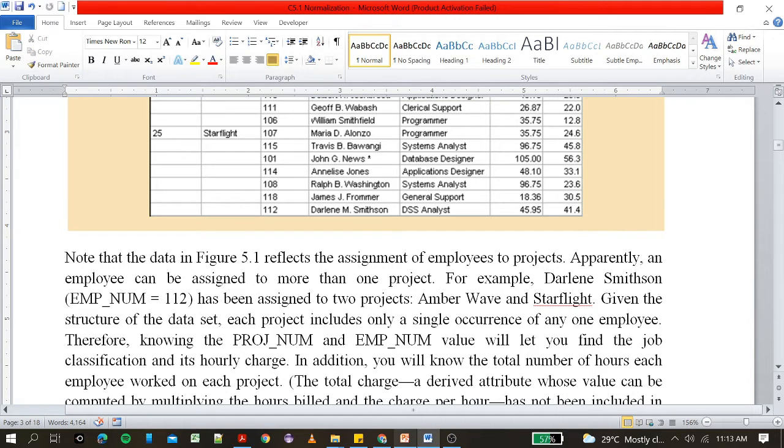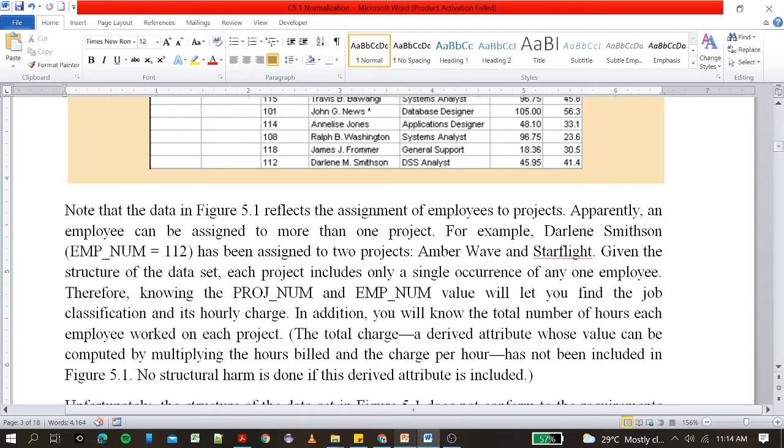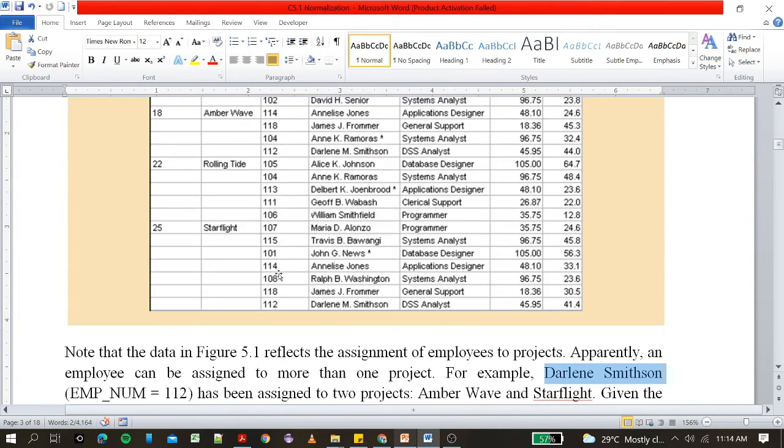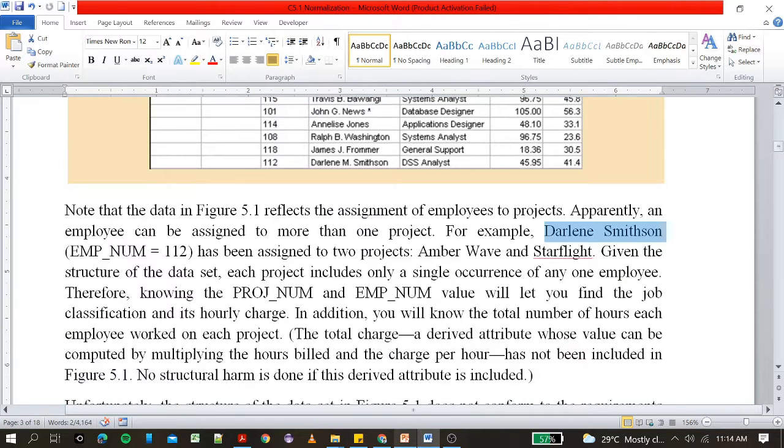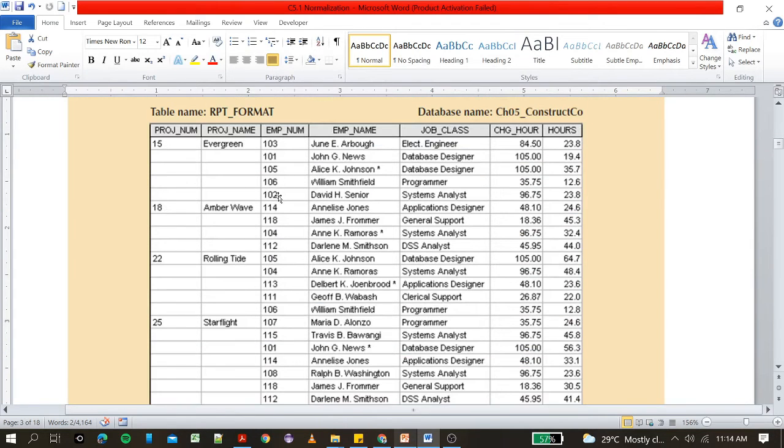Okay. So, andito yung discussion. Note that the data in Figure 5.1 reflects the assignment of employees to projects. Apparently, an employee can be assigned to more than one project. So, yung sabi ko sa inyo, di ba? Yung isang employee ay pwedeng ma-assign sa higit sa isang project. For example, eto, meron si Darlene Smithson. Sino ba si Darlene Smithson? Employee number 112. Saan siya?